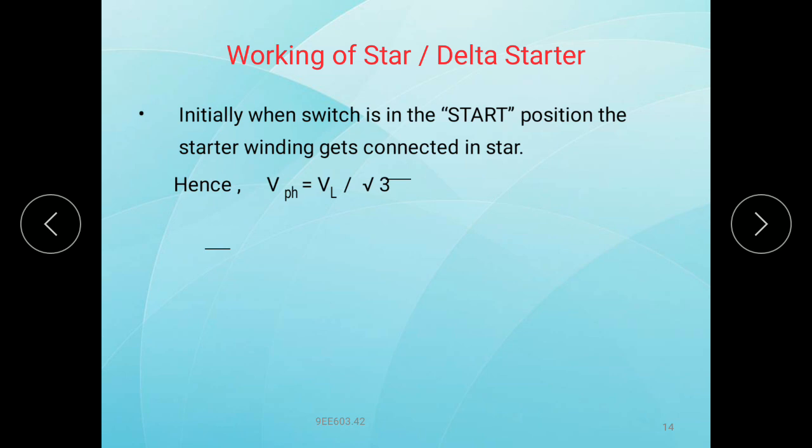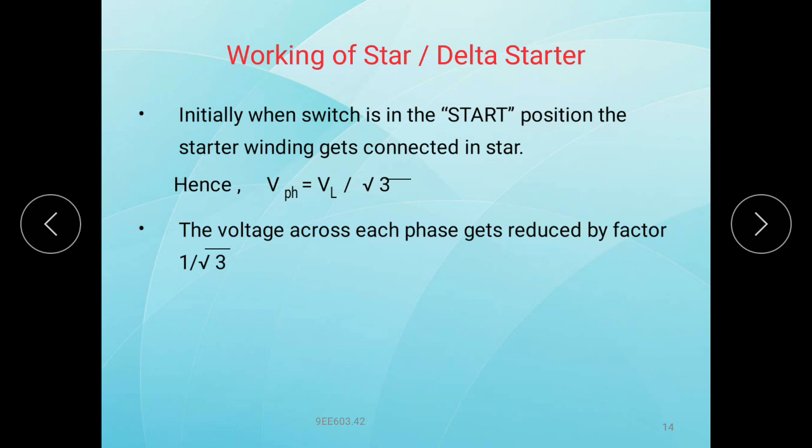Working of star delta starters. Initially, when the switch is in the start position, the stator winding gets connected in star. That is, here V phase is VL by root 3. So the voltage across each phase gets reduced by a factor of root 3.